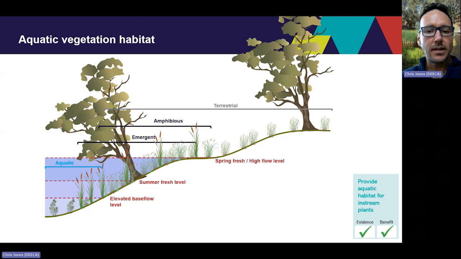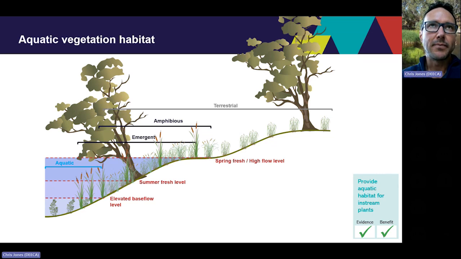However, the impact of elevated flows, summer freshers and spring freshers, had relatively little impact on aquatic plants. Essentially, the aquatic plants are out of reach of those things. They're impacted only really by the base flows of these waterways. And so freshers and higher flows weren't really influential on the aquatic plant habitat.